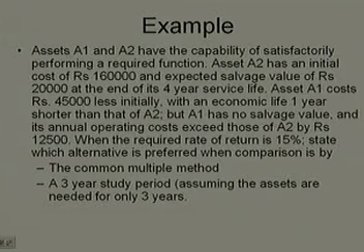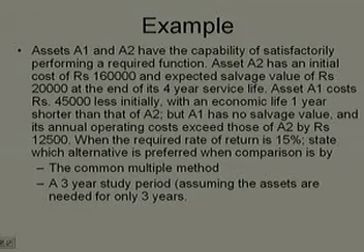The problem is very simple. There are two assets which can perform the same function. Asset 2 has an initial cost of 160,000 and it has a salvage value of rupees 20,000 at the end of its 4-year service life.